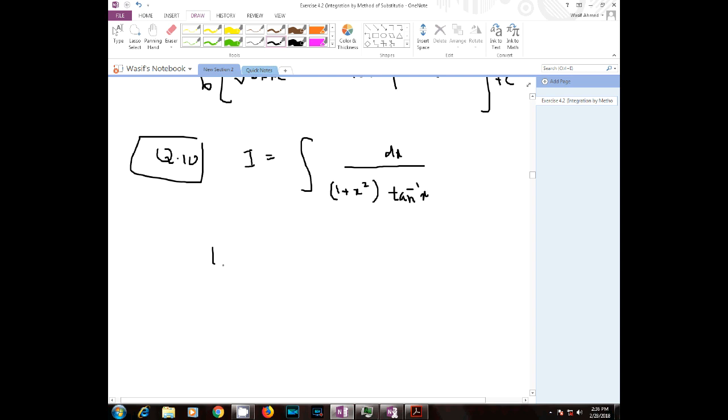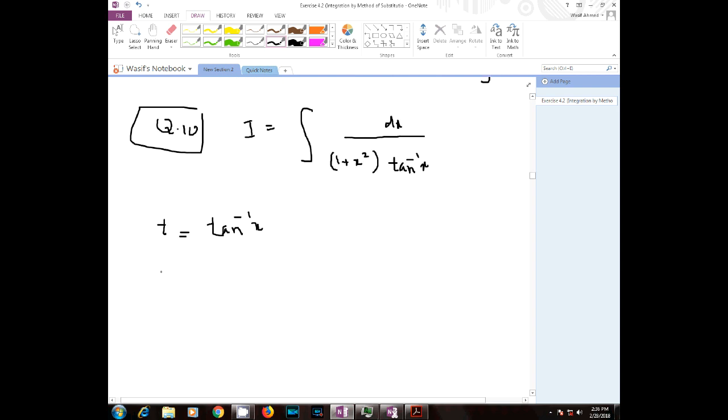So you have to put, tan inverse x is equal to t, or any variable you want.